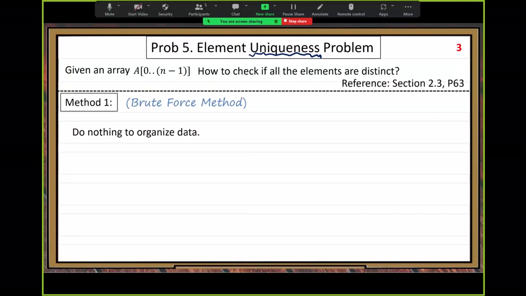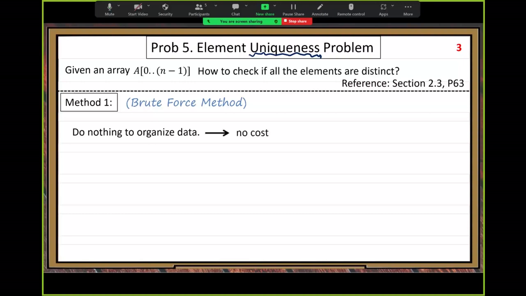We just do the comparison directly. So do nothing to organize data. If you do some extra work to organize the data, we may not treat it as the brute force method. We just want to do the comparison immediately.